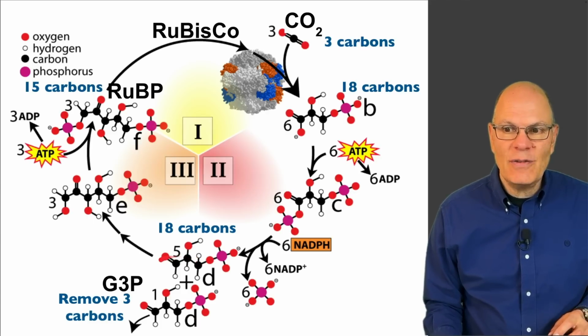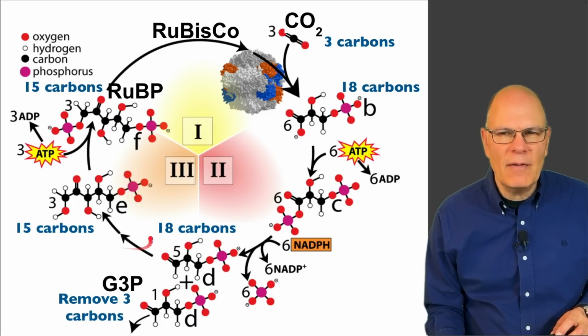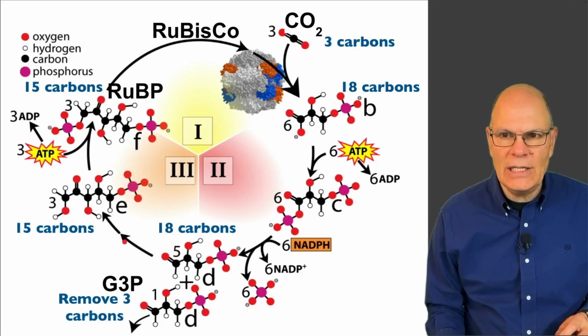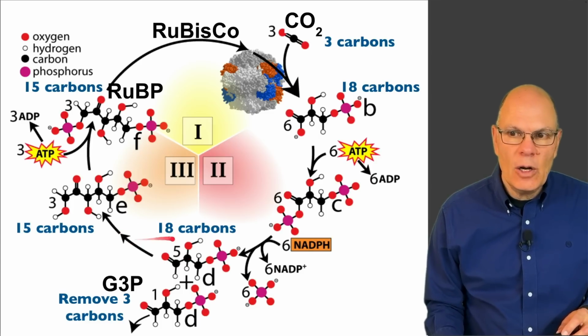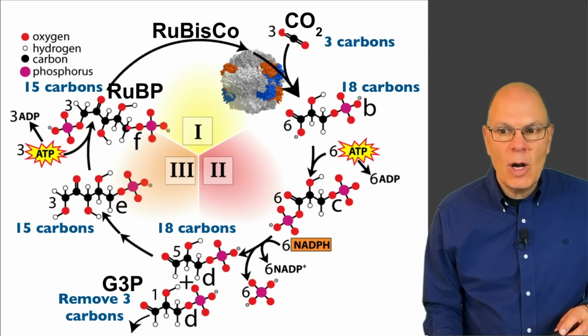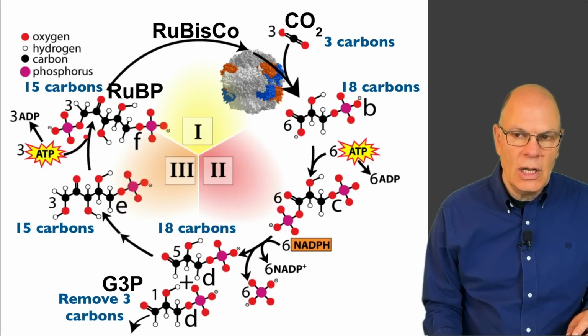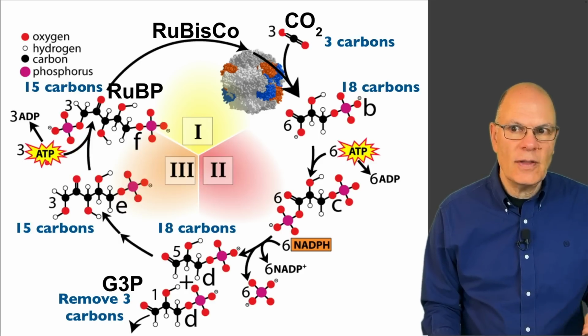Now during the next phase, these 5 G3Ps are rearranged by a variety of enzymes. That's why I have multiple arrows over here. And they're rearranged into 3 5-carbon RuBPs. And along the way, a phosphorylation occurs, and that's, again, energy from the light reactions that's invested over here.